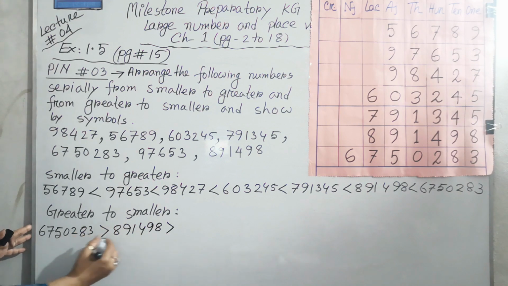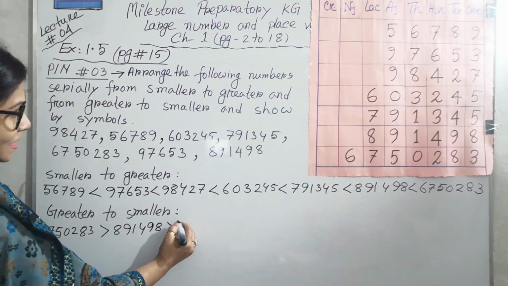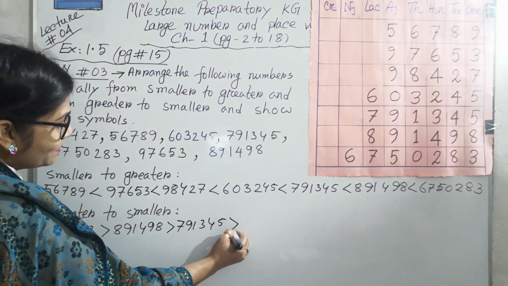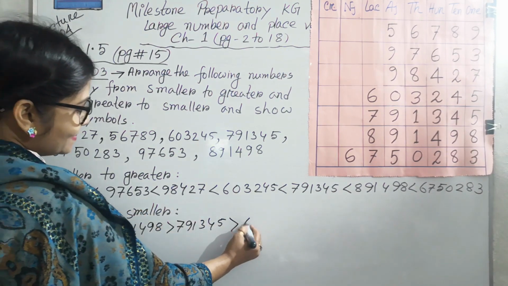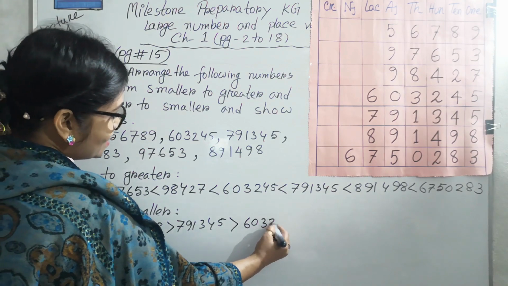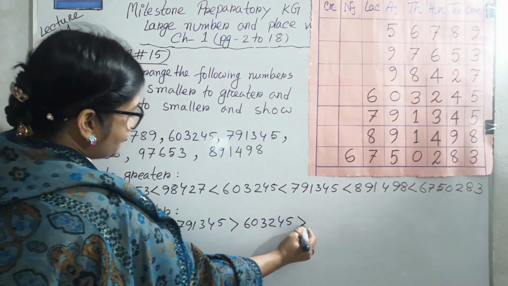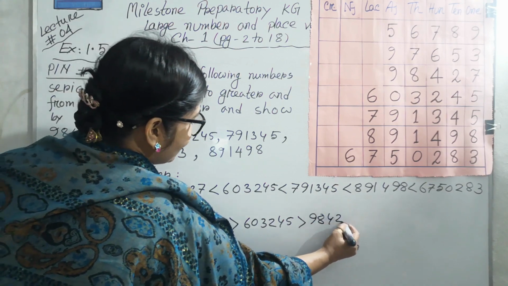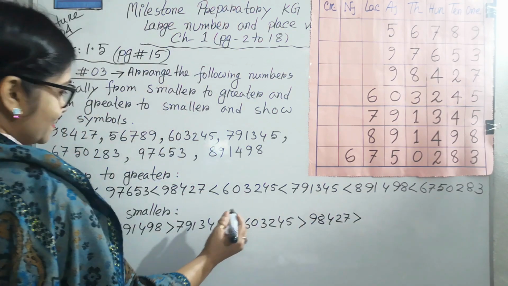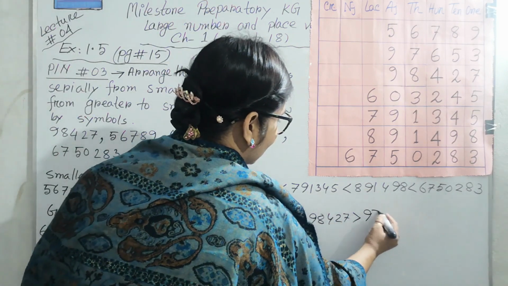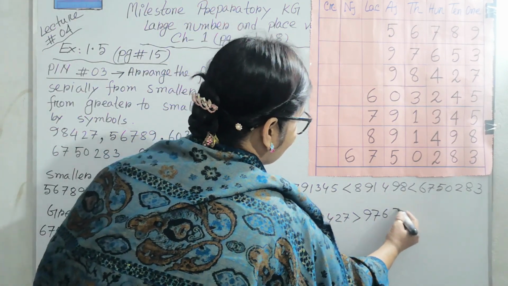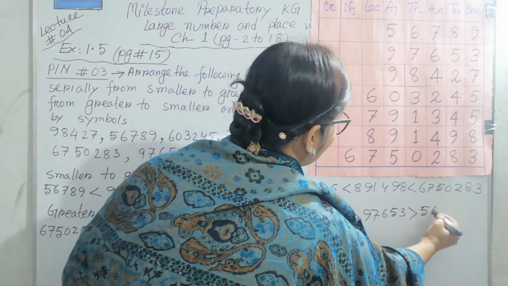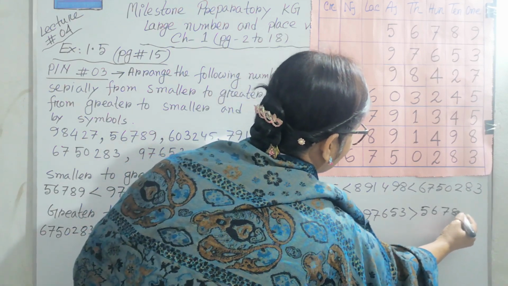It is bigger than 7,91,345, then 6,03,245, then 98,427, then 97,653, then 56,789.